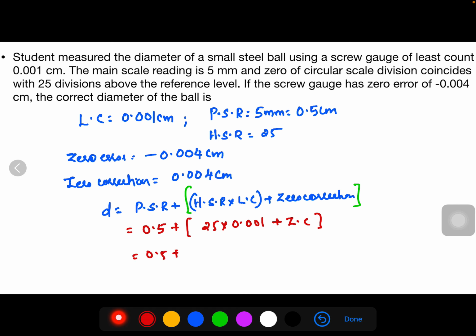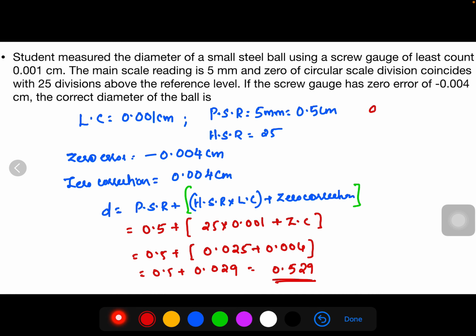So 0.5 plus 25 into 0.001 means 0.025, plus zero correction 0.004, that is 0.5 plus 0.029. Then the answer is 0.529. 0.529 is the correct answer.